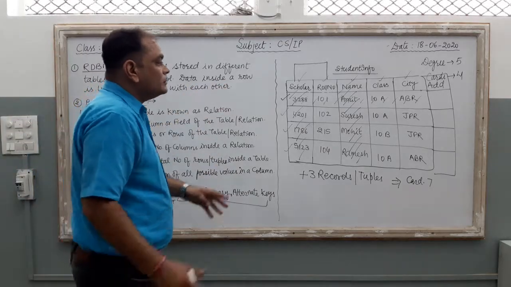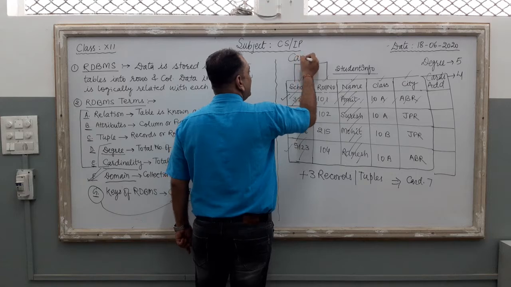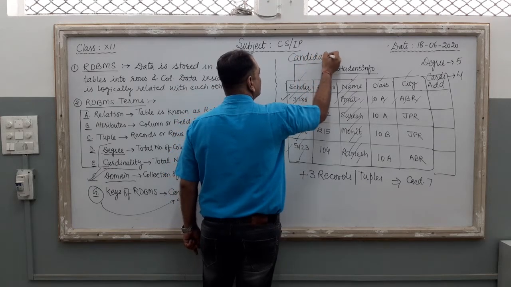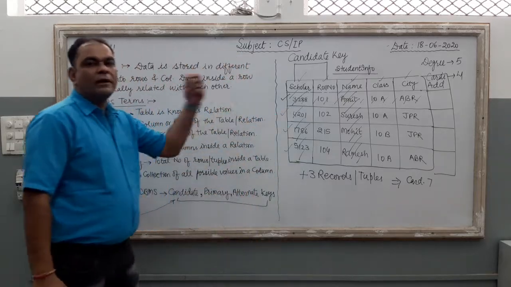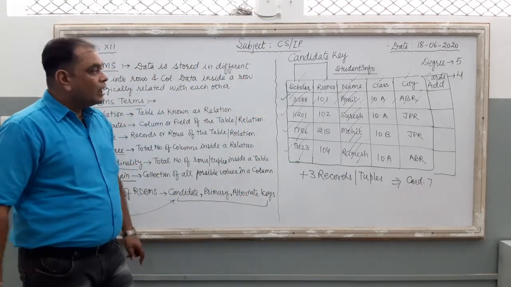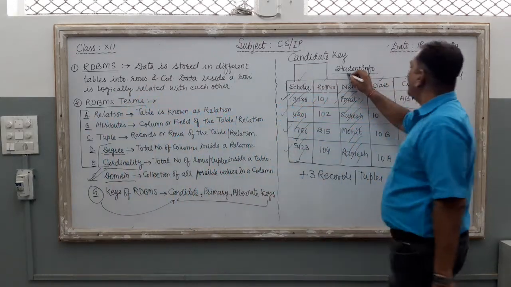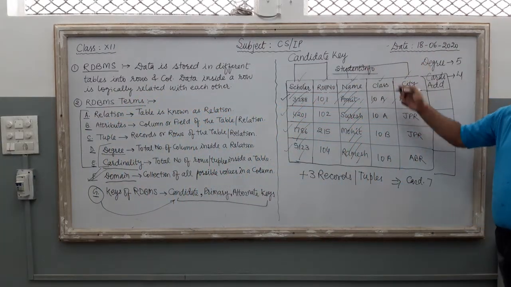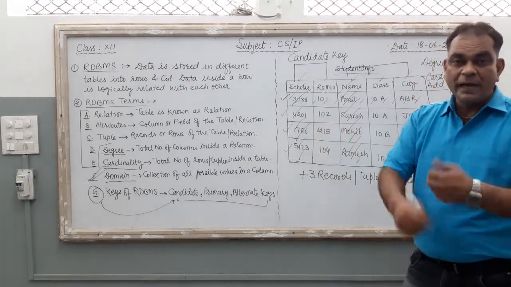So these columns or fields are known as candidate key fields, right? These 2 columns are known as 2 different candidate keys of the table. Now what about the remaining columns? Remaining name, class, city, 4 columns are there. What do we call these? They have duplicate values available.